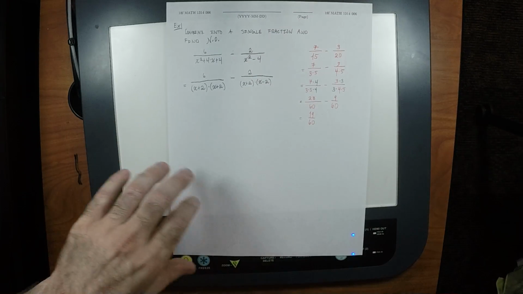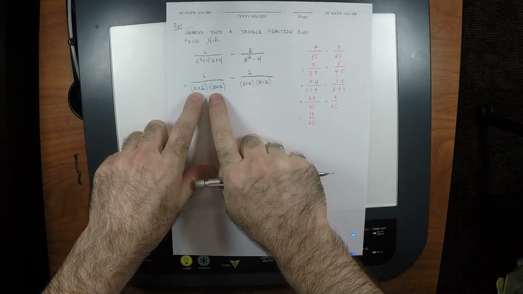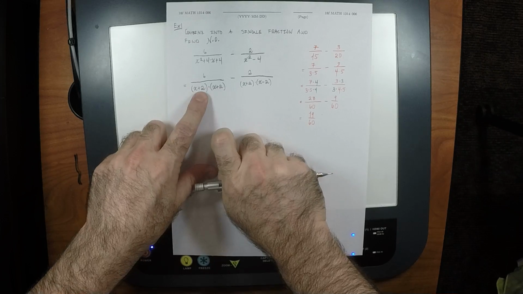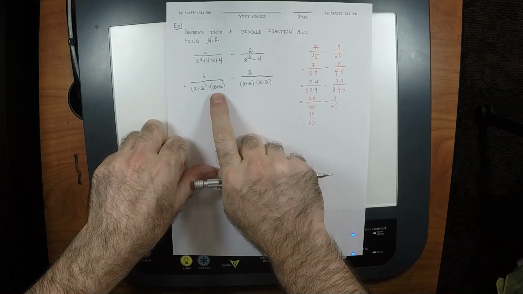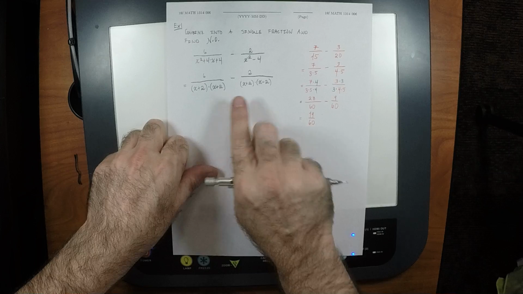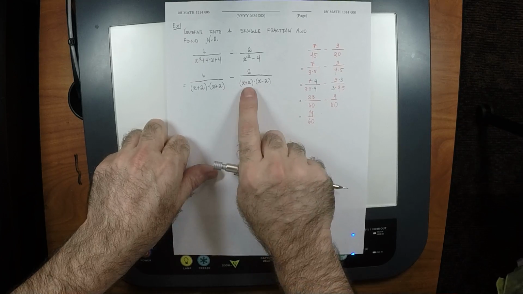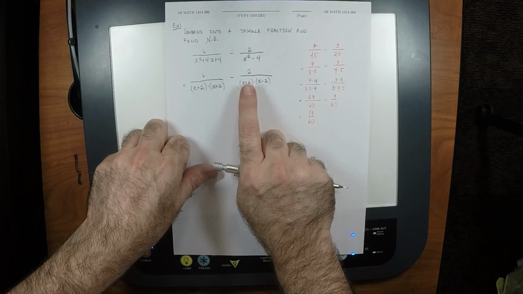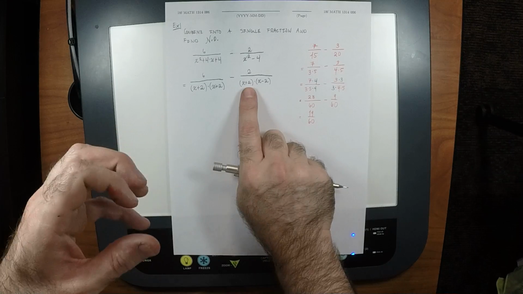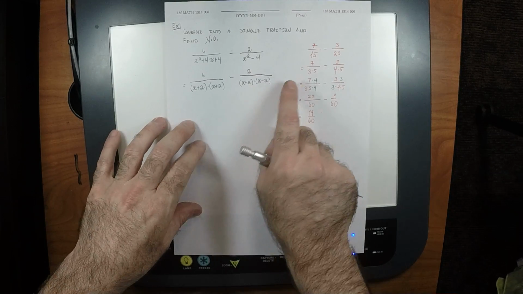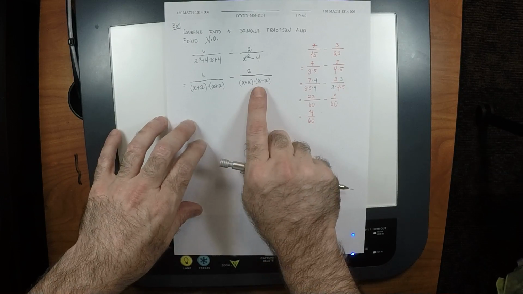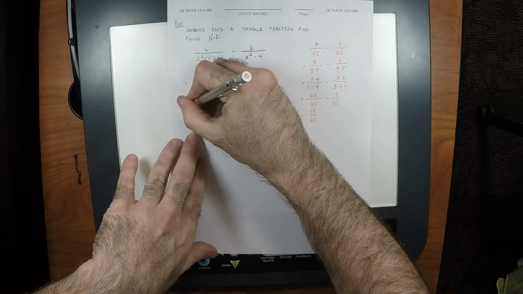So now, you can see that this one has one of those and then another one, right? And by way of comparison, this one just has one of the x plus 2's. So to make it compatible, we need to have another x plus 2 for that one.